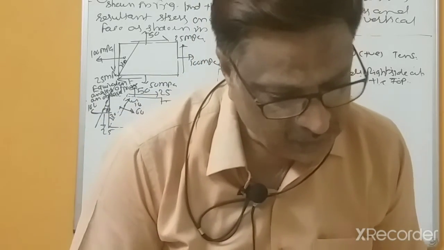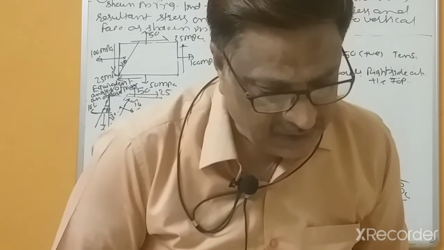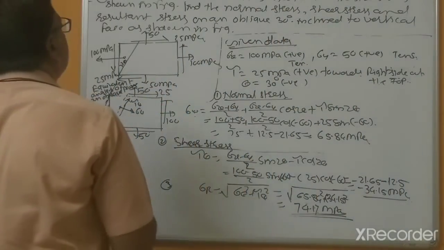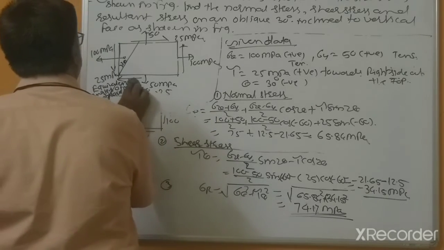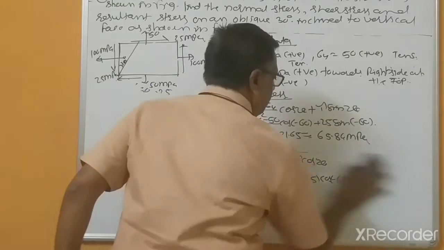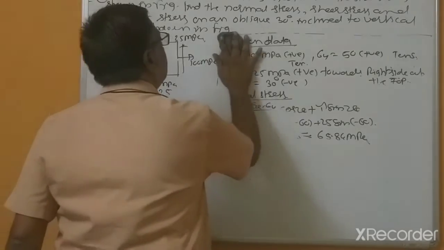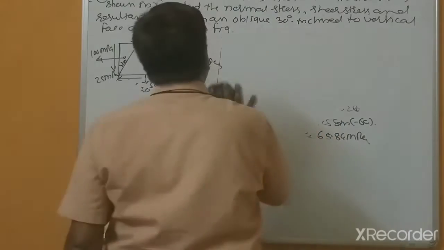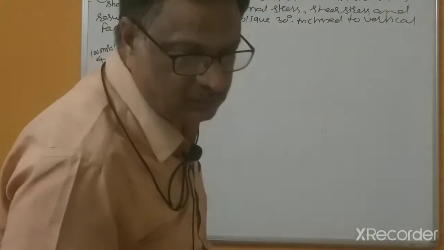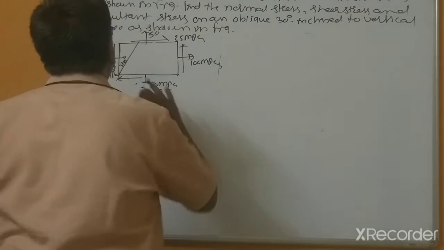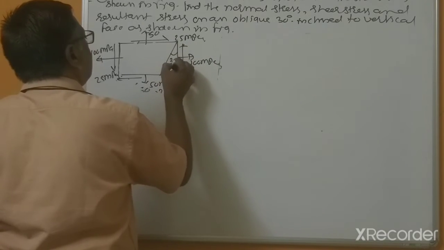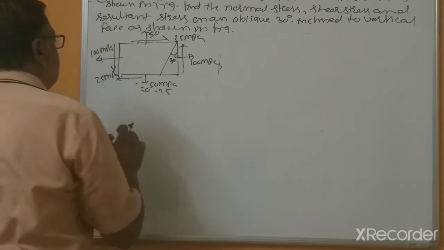So next problem. Again we will keep the same data, but change the angle. Now here the angle is changed. You may be confused, so I will erase this. This angle is given here as 30 degrees, and the rest of the things are the same.